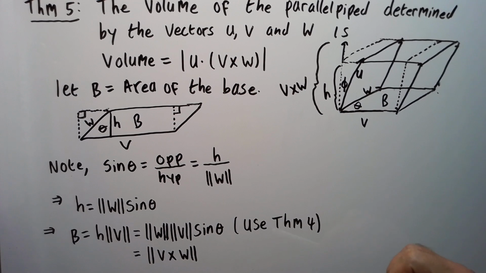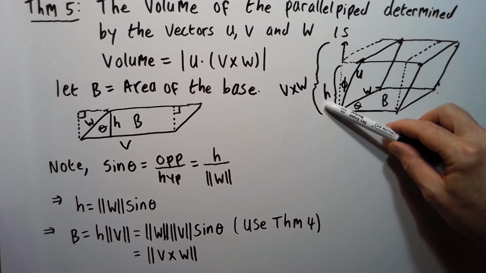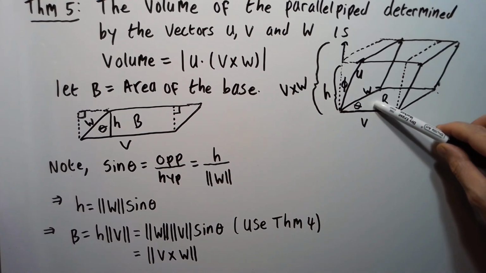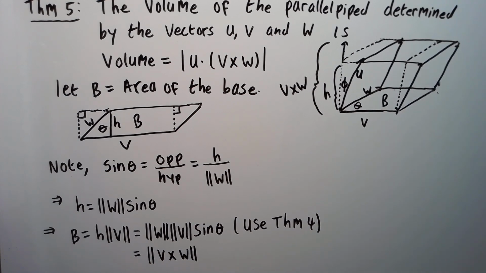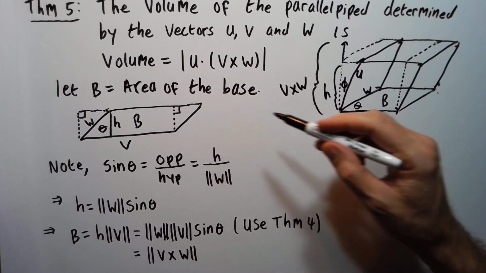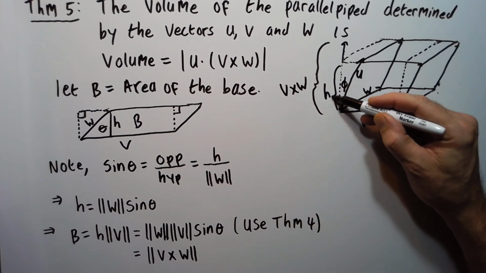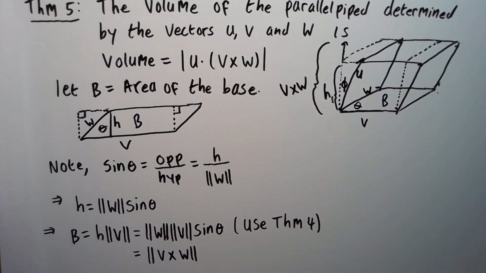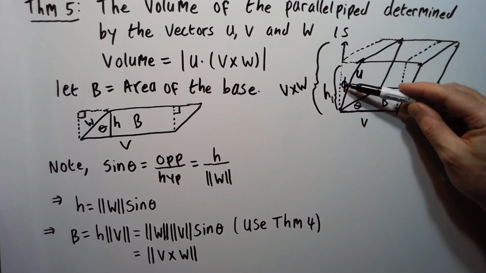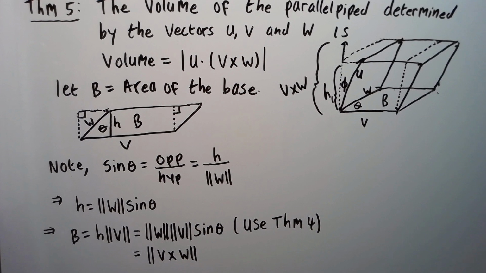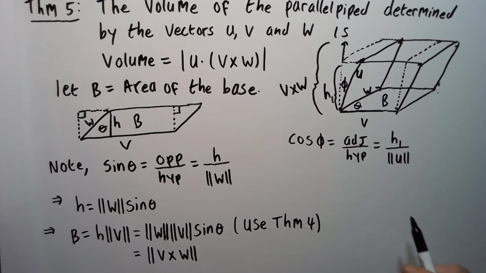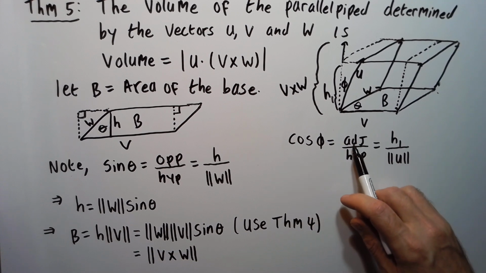So the volume of the parallelepiped would be h times b. So let's find h here first. Or maybe I'll call it h1 since I already used h over here. So let's find h1. Notice h1, relative to this angle, is on the adjacent side. So we'll have the cosine of phi is adjacent over hypotenuse.